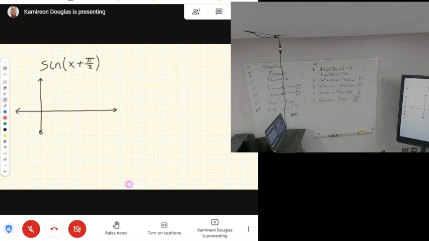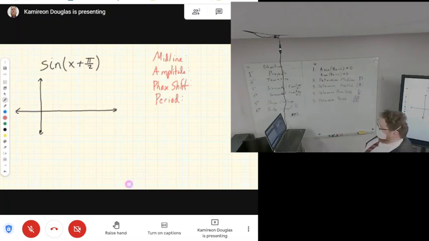We have questions about the midline, the amplitude, the phase shift, and the period. As we discussed before, I'm going to make a list of things over here. Some homework questions ask you to list out all the pieces like this, and so I'm just prepping for that kind of question. All right, let's do it.